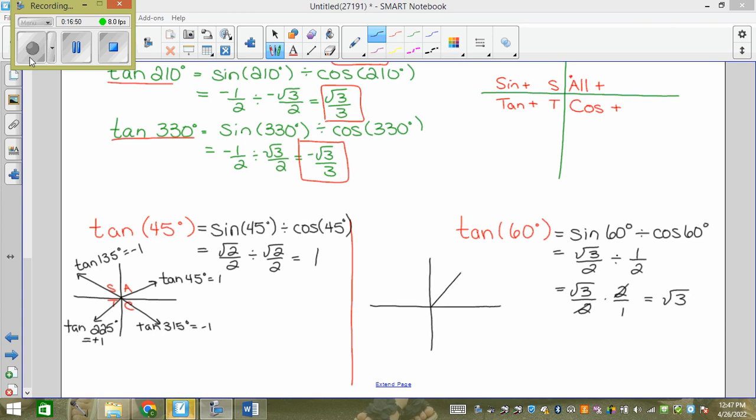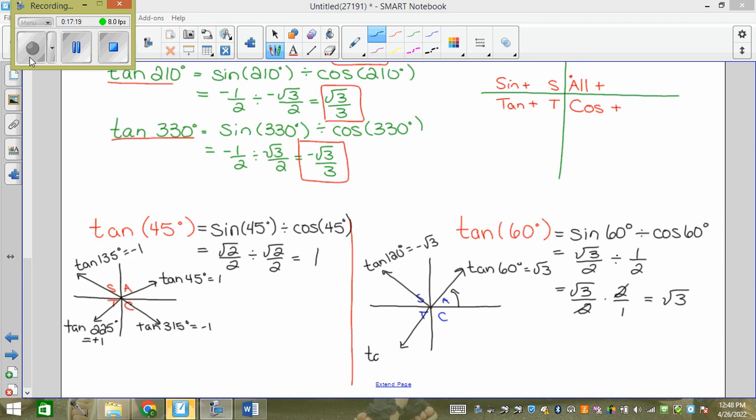So if I'm here with this is just 60, tan of 60 is root 3. Then this one is tan of 120. And what's it going to be? Negative root 3, because tan's not positive here, right? Go to this one.